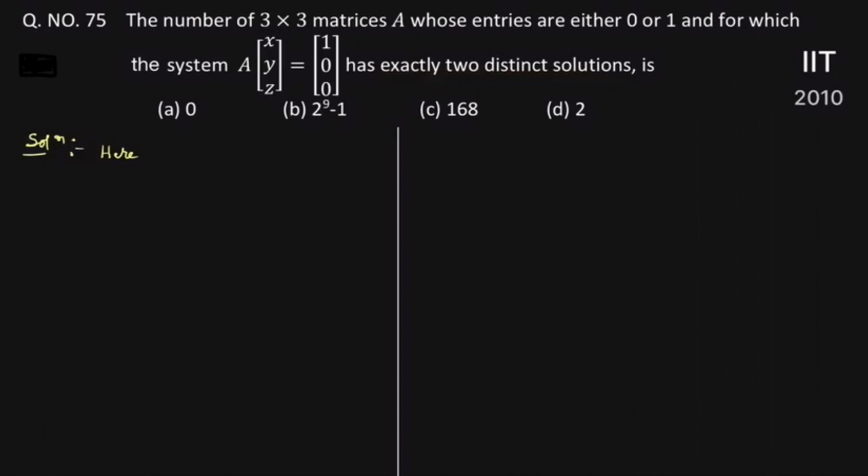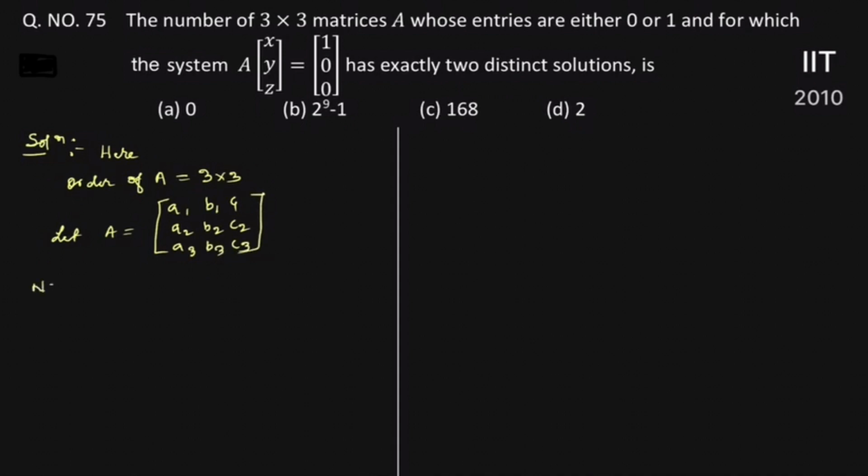Here it is given that the order of matrix A is 3 cross 3. Let matrix A be a1, b1, c1, a2, b2, c2, a3, b3, c3.